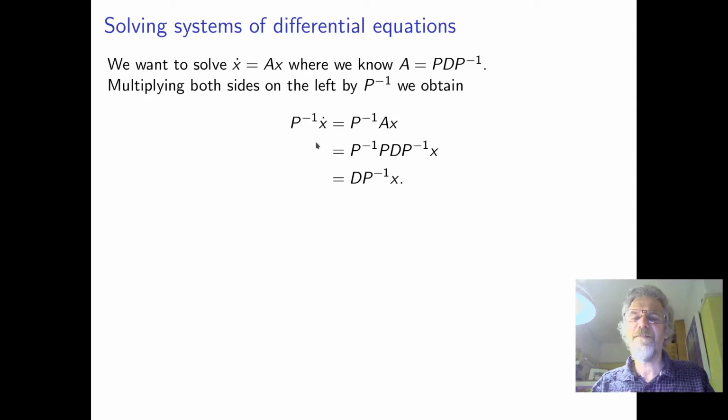And you can think of this as a differential equation where the variables are now P inverse x and the matrix governing it is just diagonal. So we've decoupled it at the expense of the new variables being P inverse x.